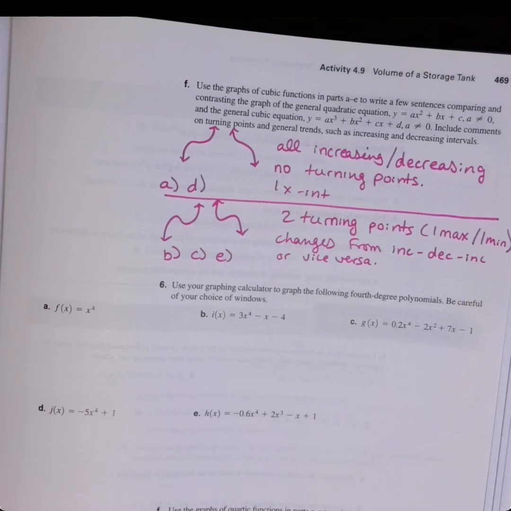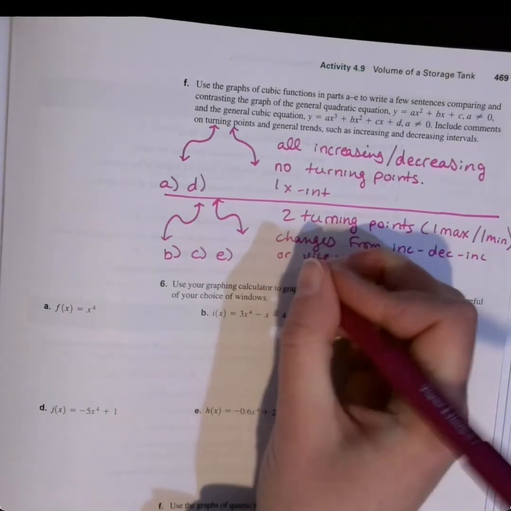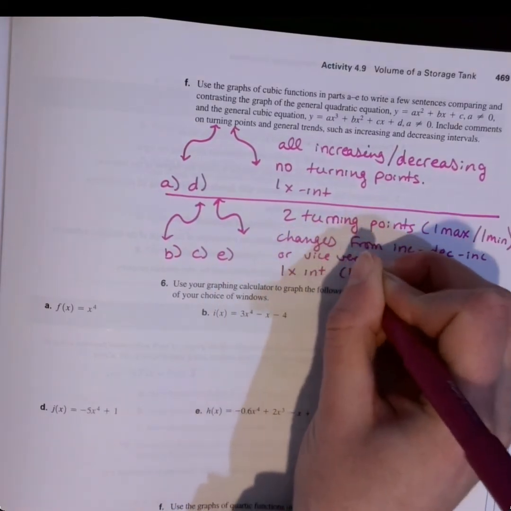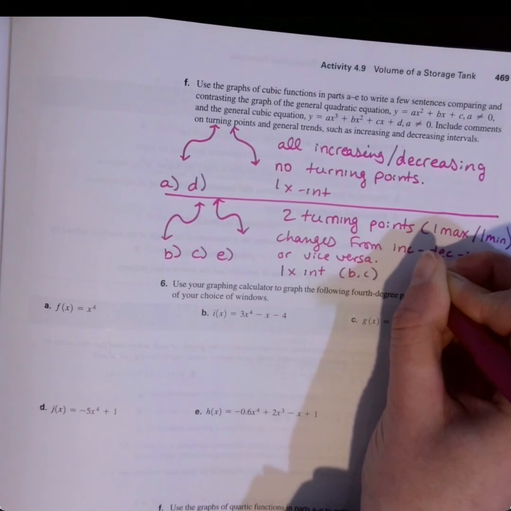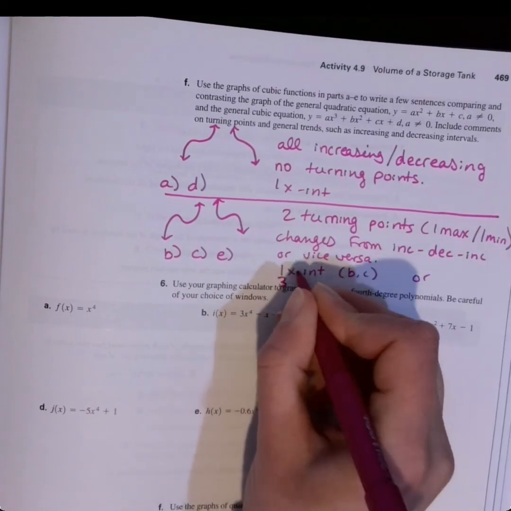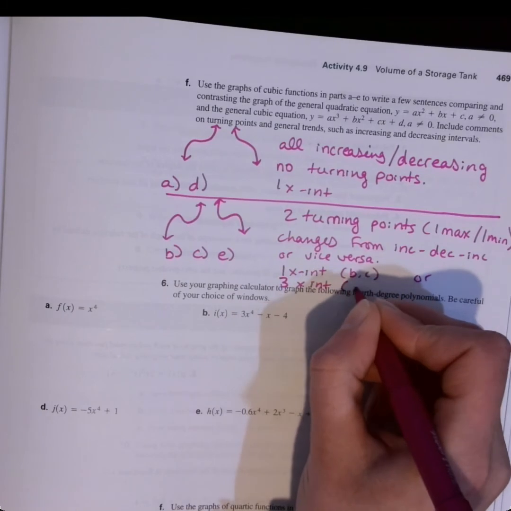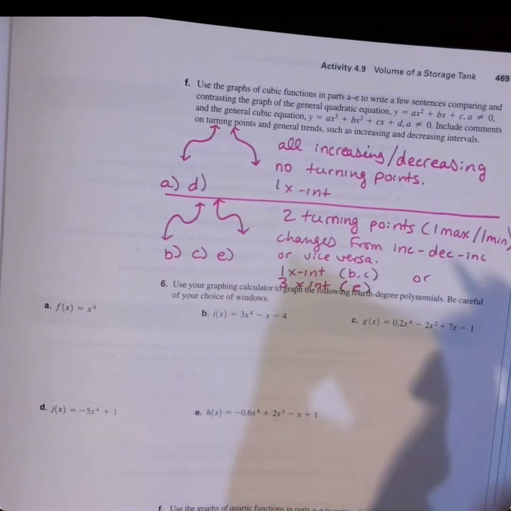These ones could have one or three x-intercepts. So parts B and C have one x-intercept, or three x-intercepts, like E. Now, it's also possible it could have had two.